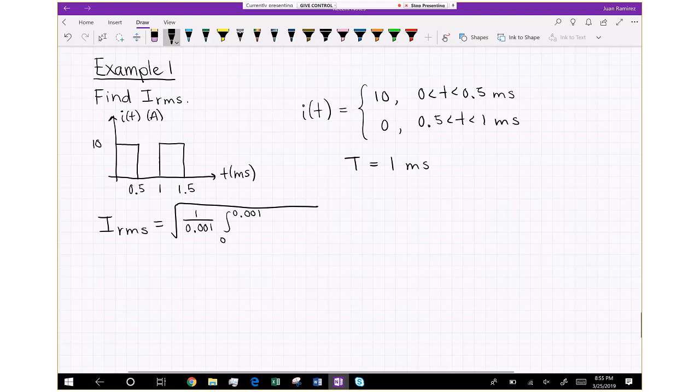Then it'll be multiplied by the integral from 0 to T of the current squared. The current is piecewise, and therefore we're going to have to split it up into both parts of the piecewise function.